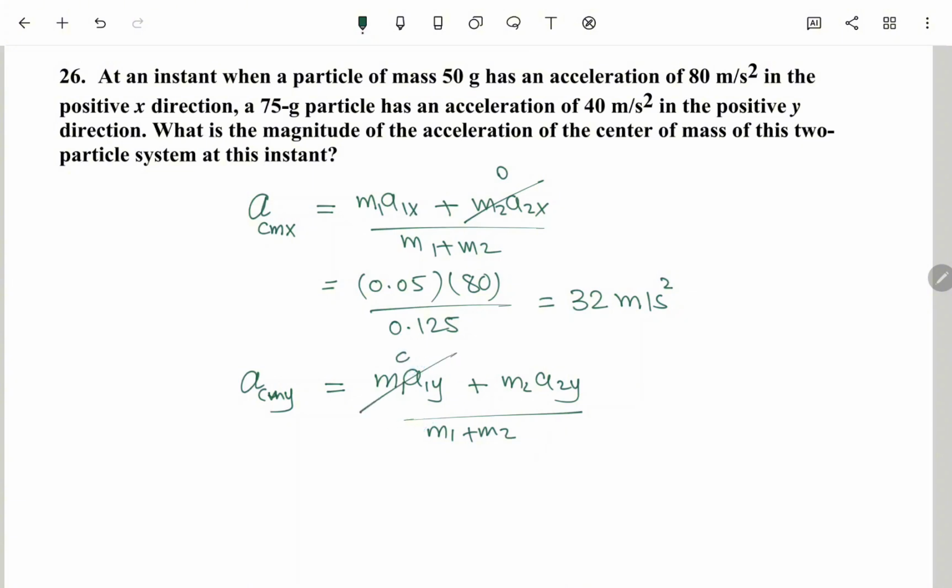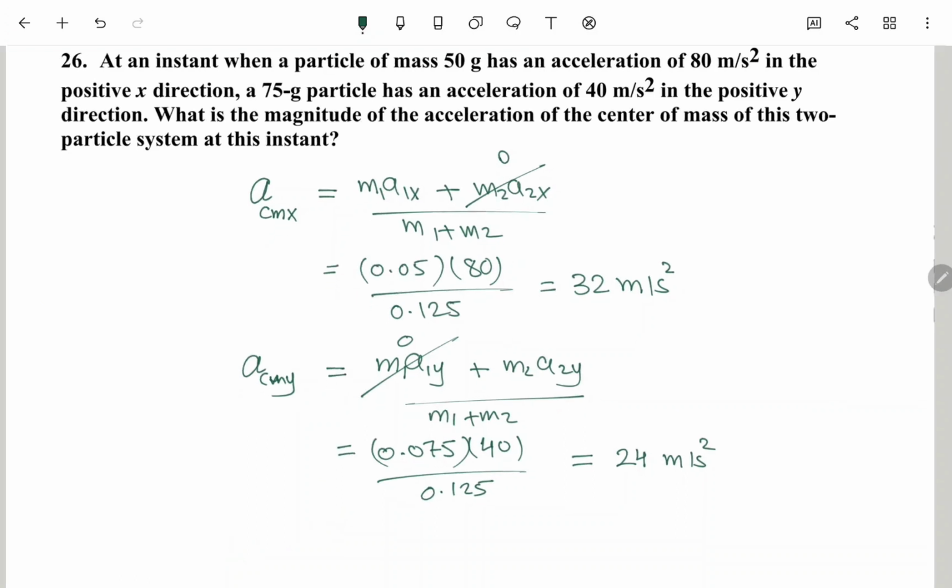Now this one is equal to 0. You substitute the numbers. 0.075 times 40 divided by 0.125, or equal to 24 meters per second squared.